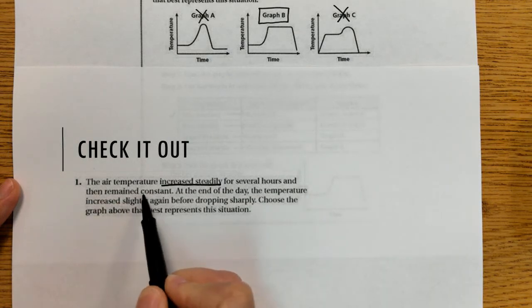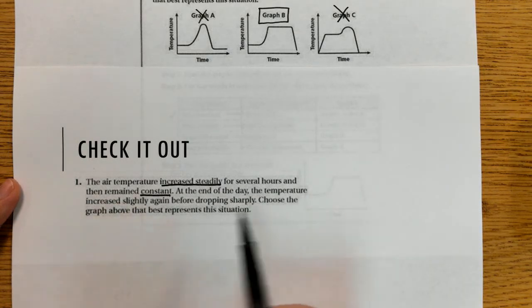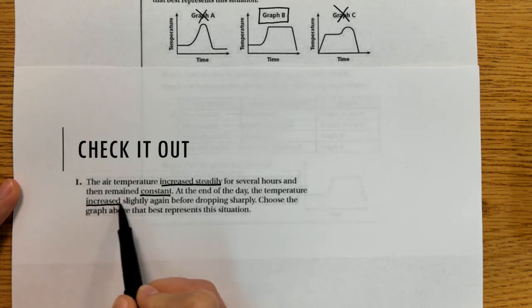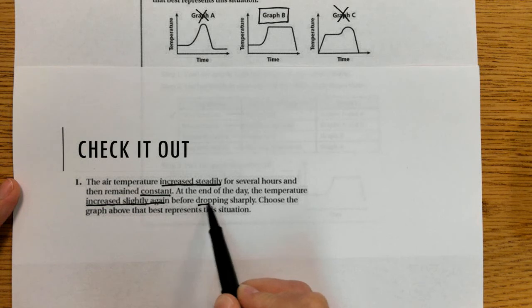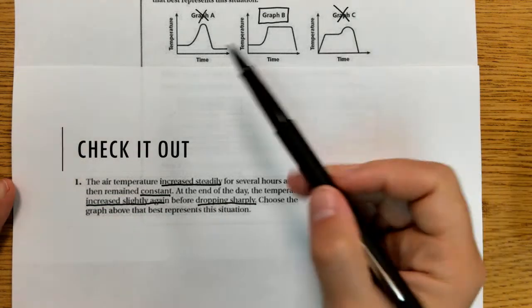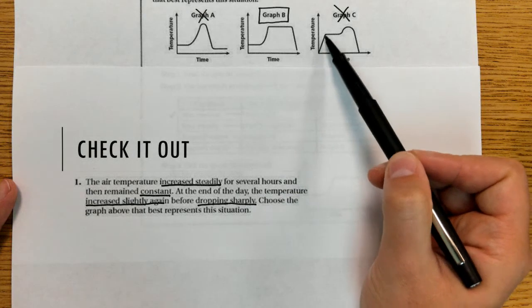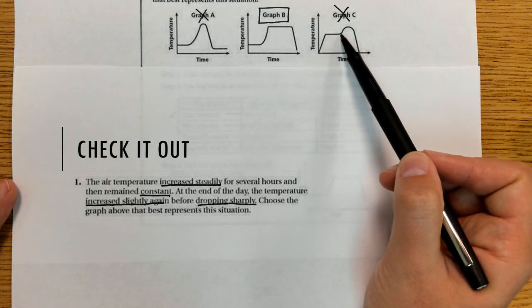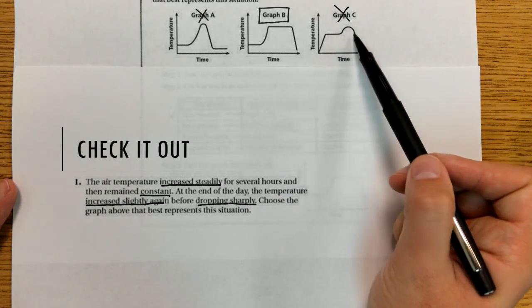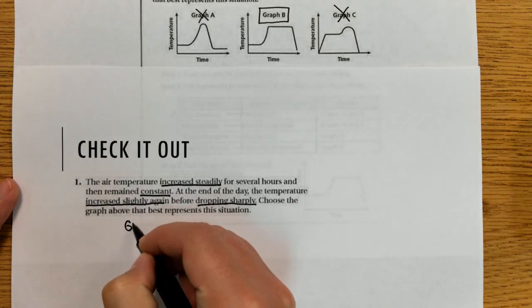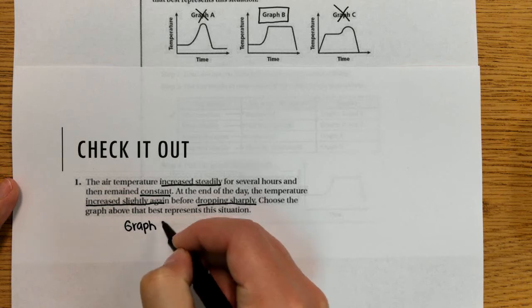Then remained constant. At the end of the day, there was an increase again, so increased slightly again before dropping sharply. So we need an increase, then constant, increased again, and then drop sharply. So here, the correct answer for our check it out would be graph C.